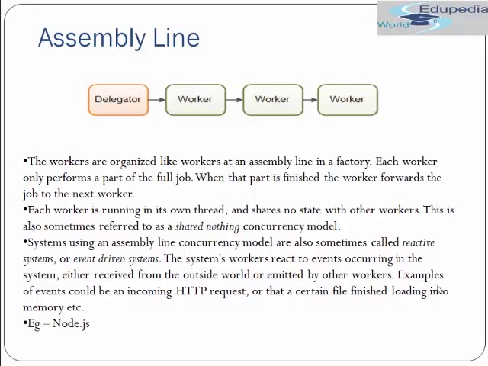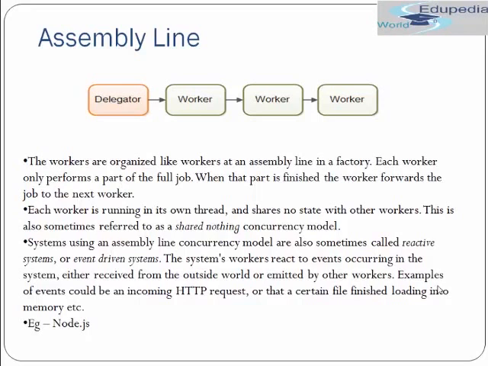Systems using an assembly line concurrency model are also sometimes called reactive systems or event-driven systems. The system's workers react to events occurring in the system, either received from the outside world or emitted by other workers. For example, events could be an incoming HTTP request or a certain file finishing loading into memory, etc. So you see everything here works like an assembly line.